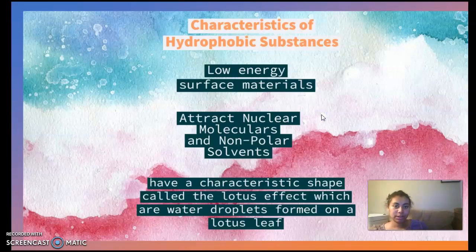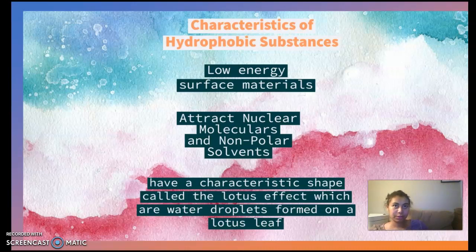So some characteristics of a hydrophobic substance: it has low energy surface materials, it can attract nonpolar molecules and nonpolar solvents, and it can have a characteristic shape where it'll form a little tiny water droplet.